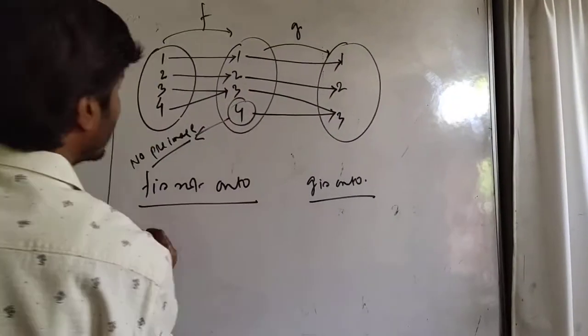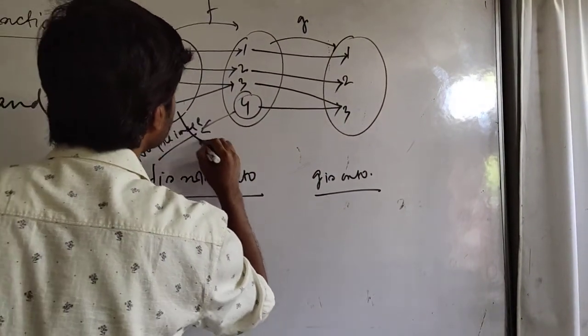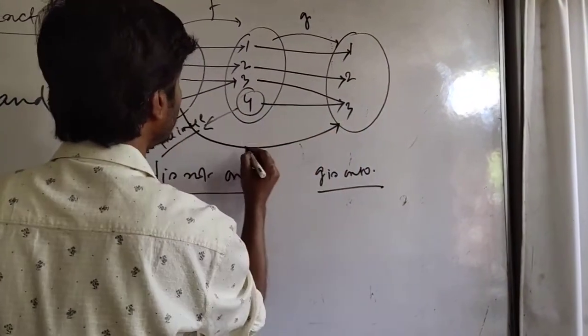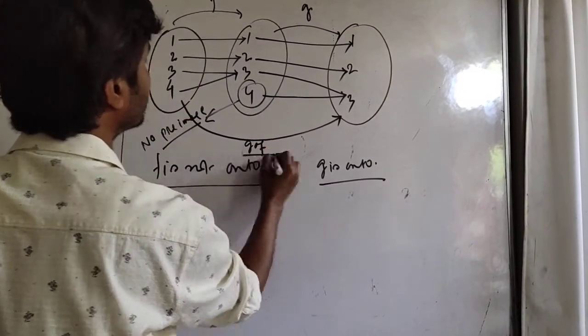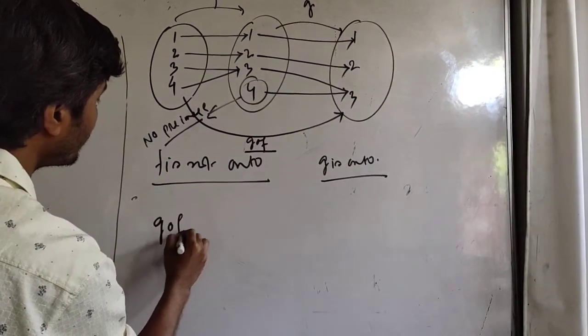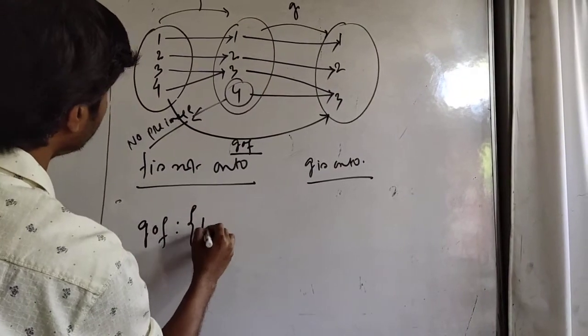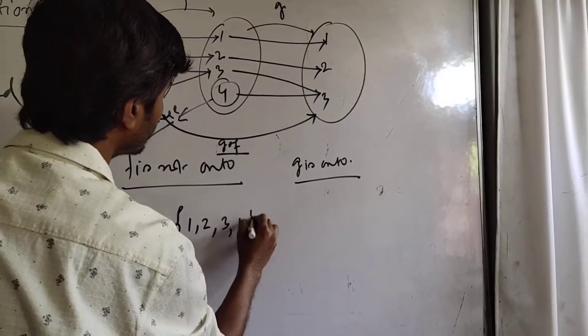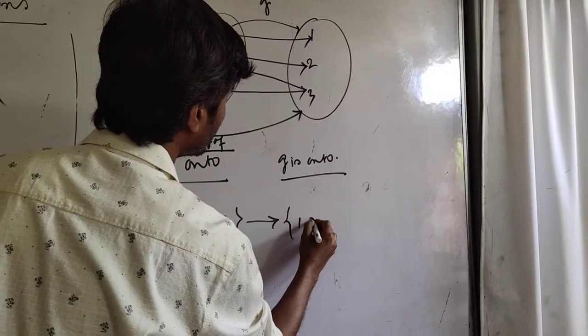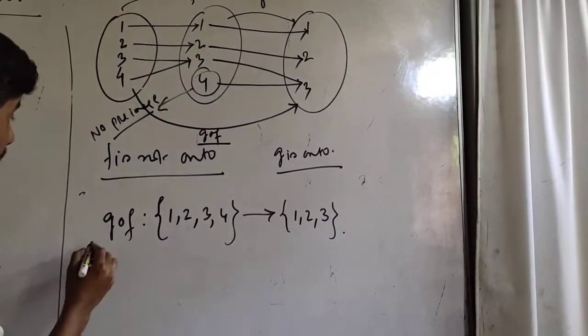Now let us see, we have seen that this is their composition, which is ZOF. That is, ZOF is a function from the set 1, 2, 3, 4 to the set 1, 2, 3.